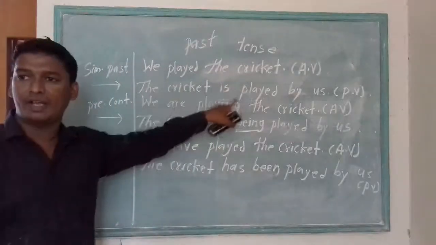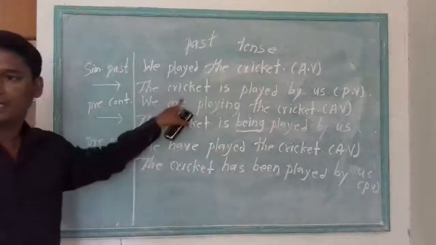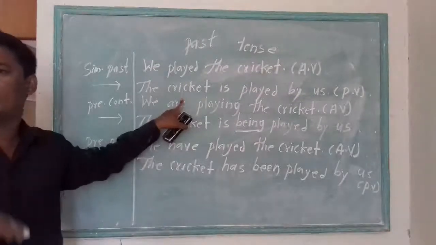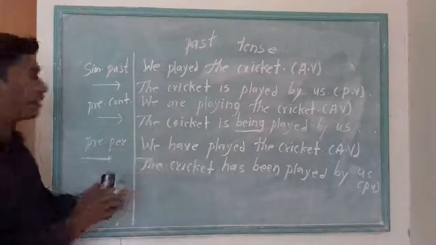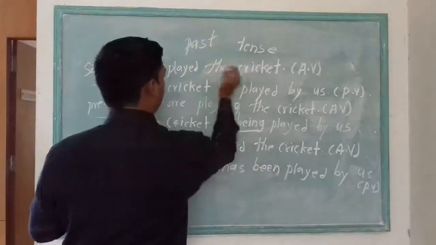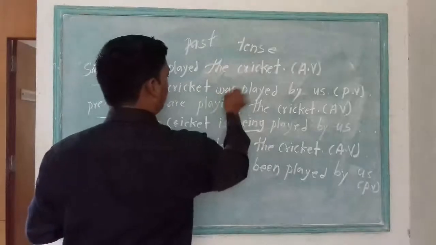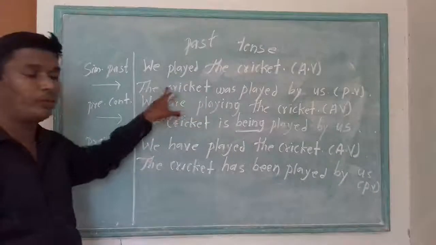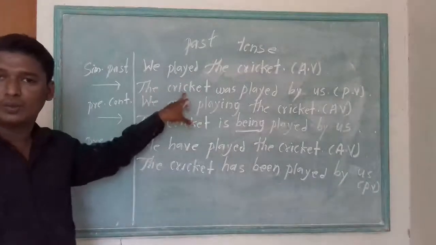Then to passivize it, take the object, the cricket. What are the auxiliaries of past tense? Was and were. So take the proper auxiliary verb according to the tense and number of the subject. It is singular, so was.